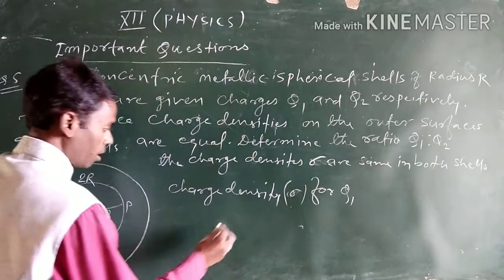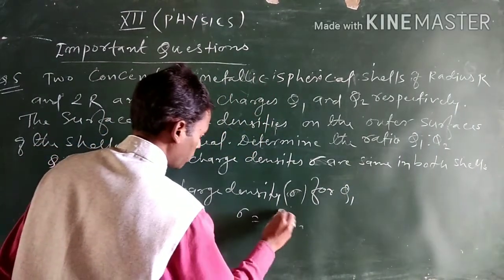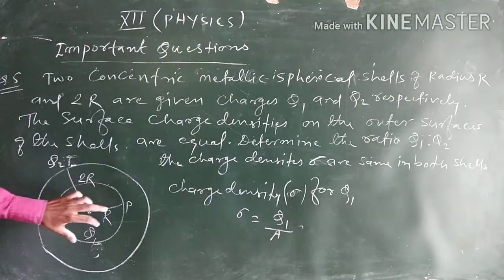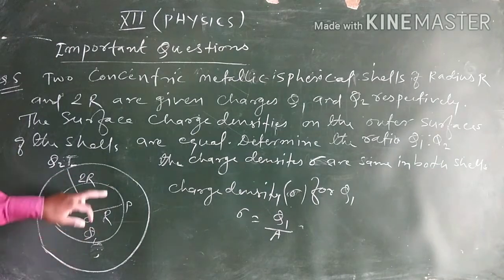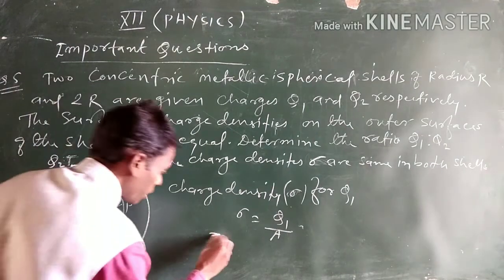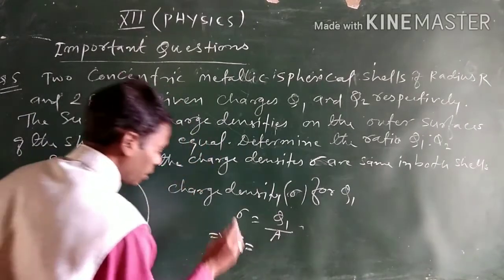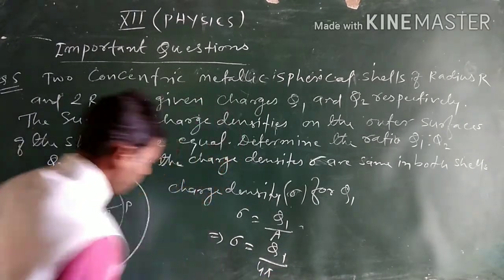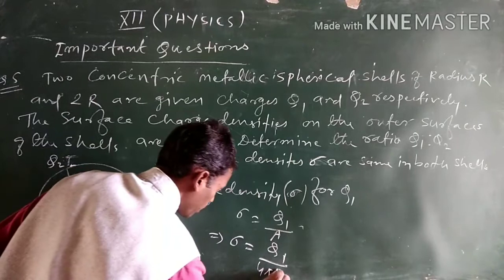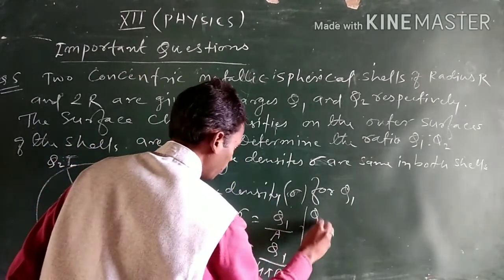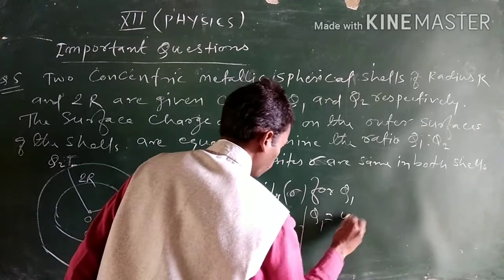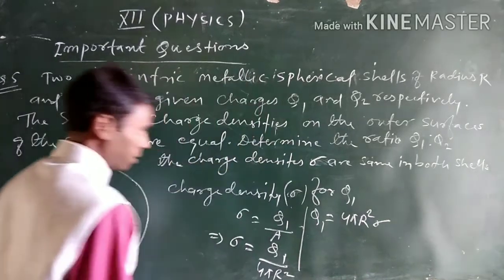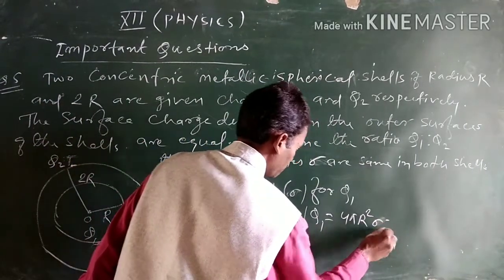For Q1 charge, our density is equal to charge divided by area, right? For the area we have to take the area of this spherical shell. That means sigma is equal to Q1 divided by 4 pi R square. From this, Q1 is equal to 4 pi R square into density sigma.